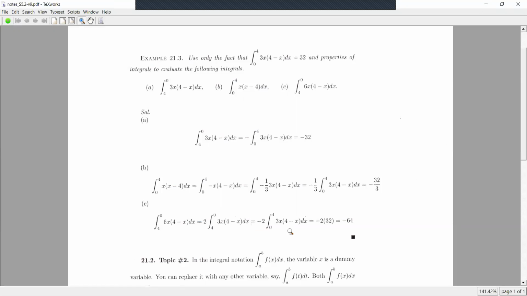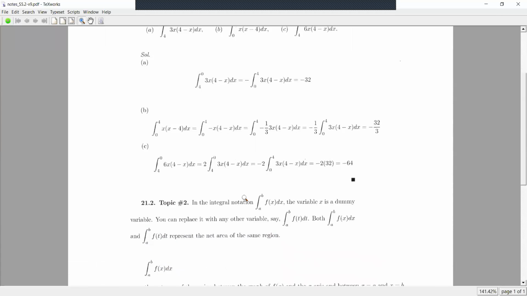Okay, now this integral is exactly the given integral. It is 32. So the answer is negative 2 times 32, negative 64. This is example 3.